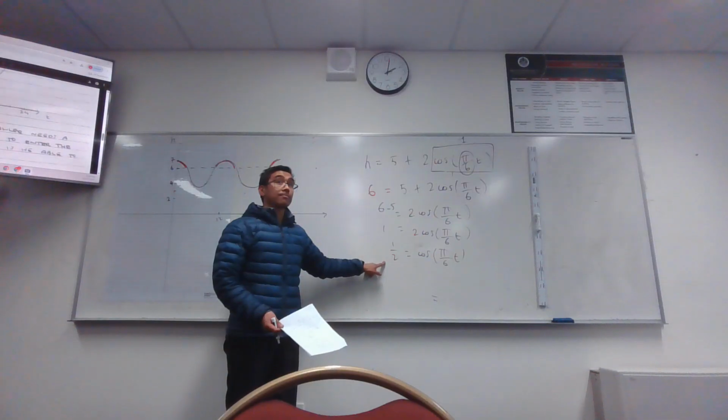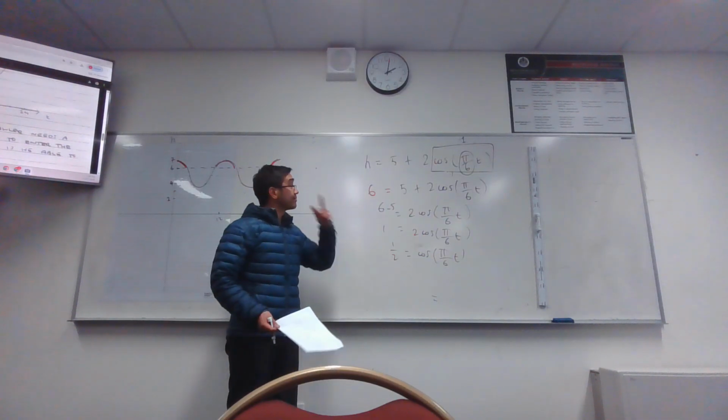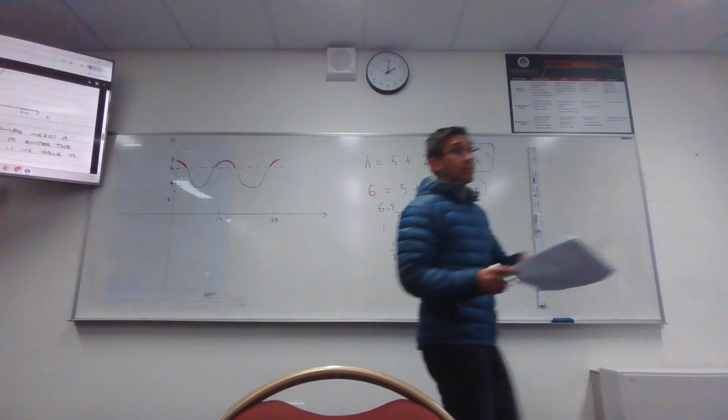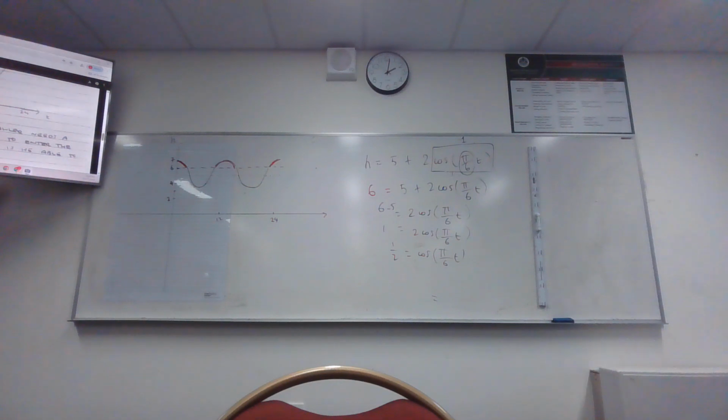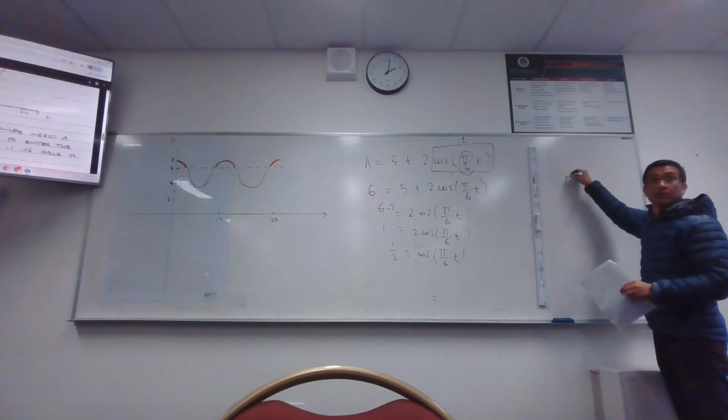We've got a half. Let's say you didn't have a calculator. What are you going to do? You've seen half before. Where? A triangle. Which one?